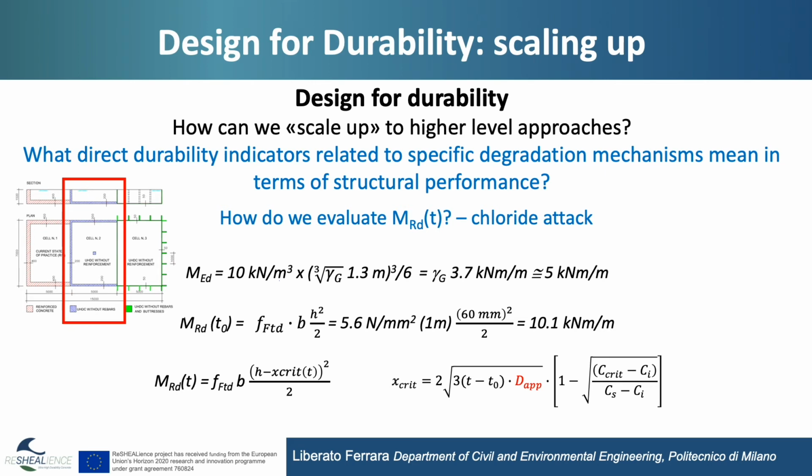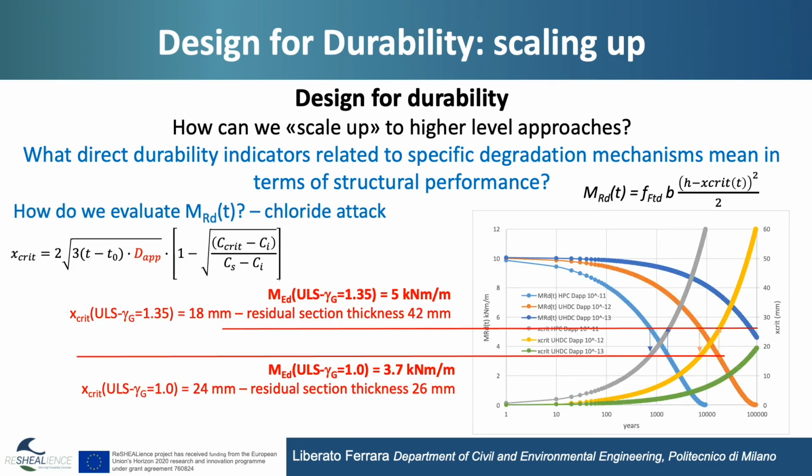So you may have this decay level that you can see here in the blue, orange, or light blue curves, which are the values of the bending moment as they decrease along time, as long as the attack proceeds. And the gray, the yellow, and the green are the residual thickness of the critical layer.